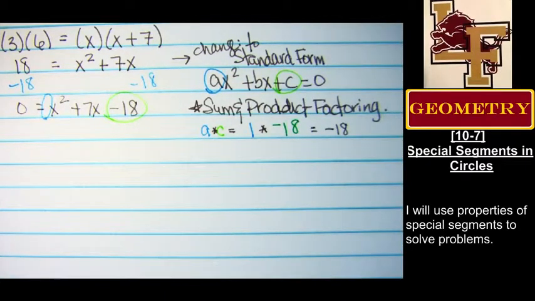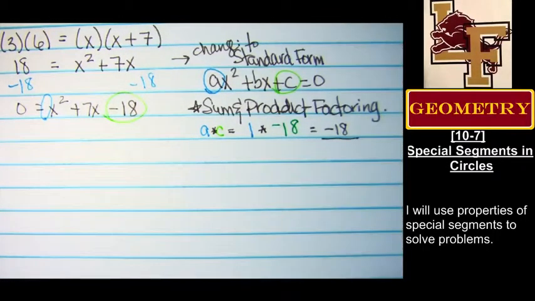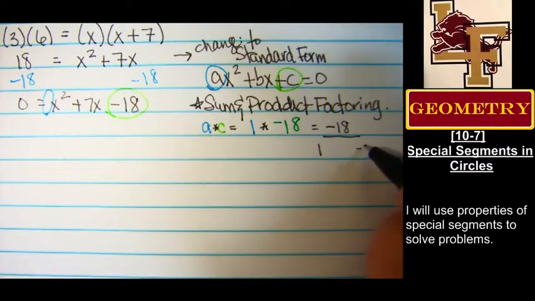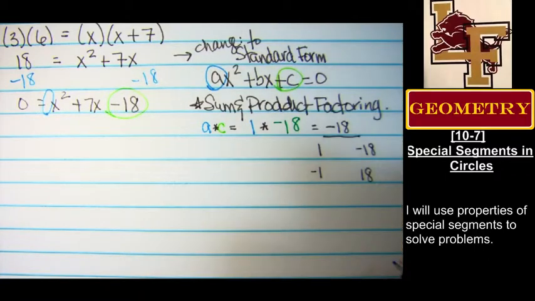Now I'm going to list all the pairs of numbers that multiplied together could possibly give me negative 18. Well, 1 and negative 18, or negative 1 and positive 18, 2 and 9, 3 and 6.